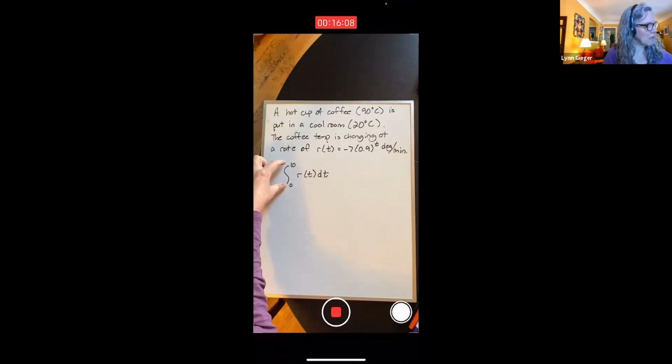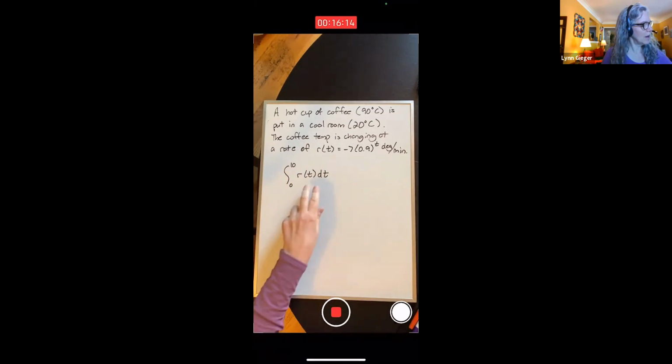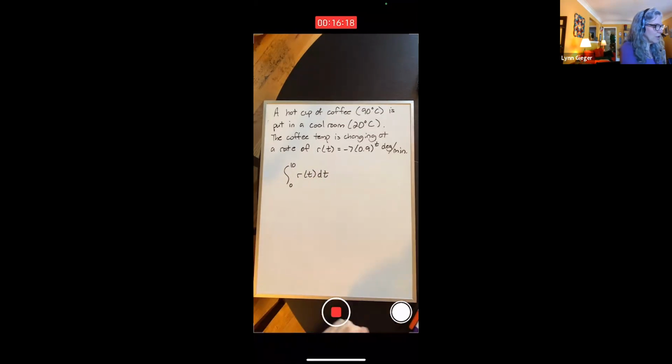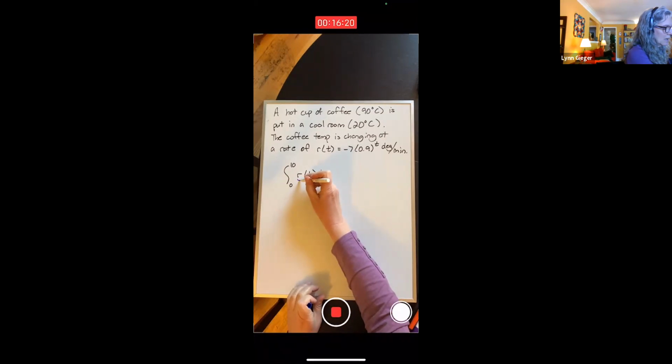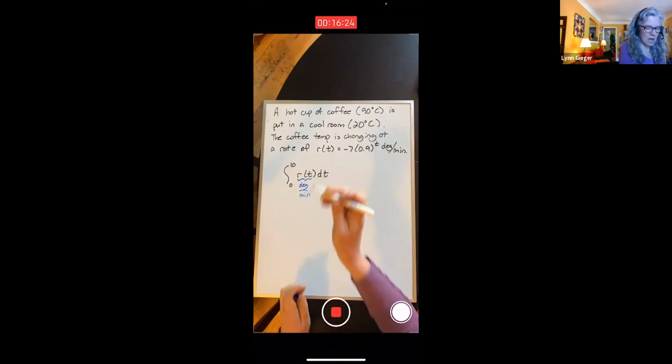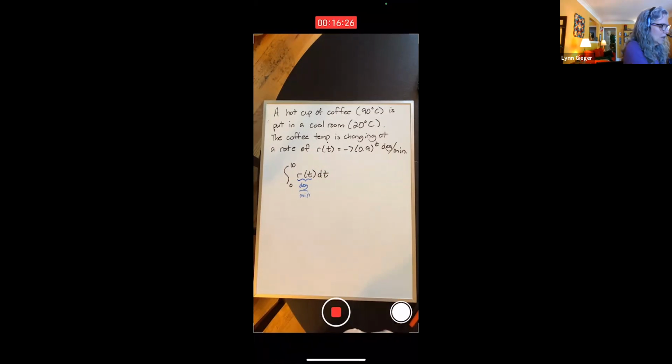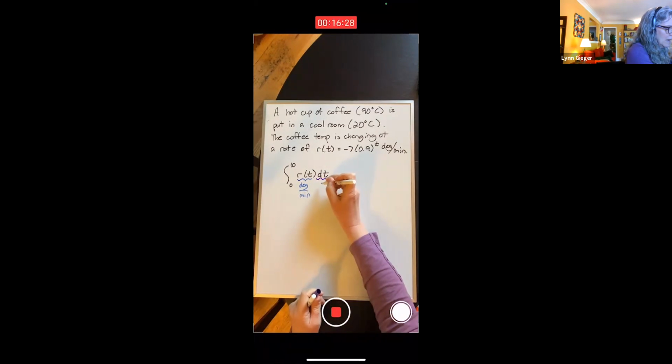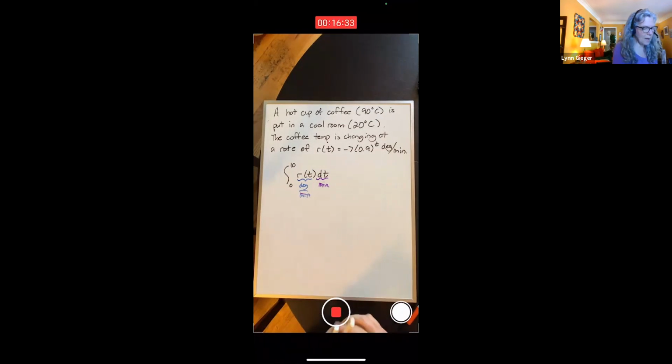Yes, so we are looking over a 10-minute interval here, and not just any 10-minute interval, the first 10-minute interval. Now, there's also the units of R of t. Those are our degrees per minute. And our t, which is in minutes, those minutes end up canceling, and that means that this whole summation is going to give us something in degrees.